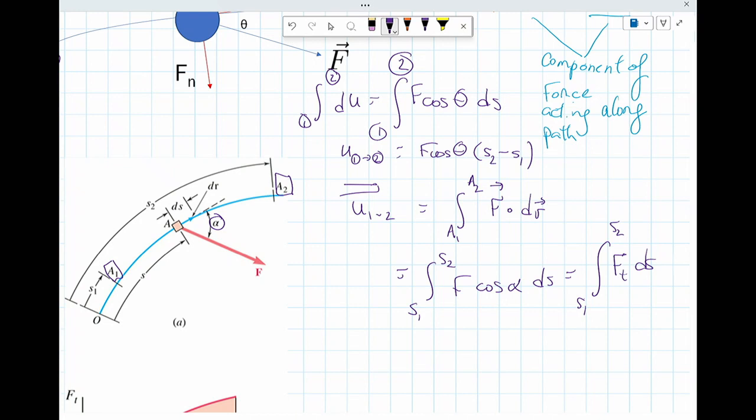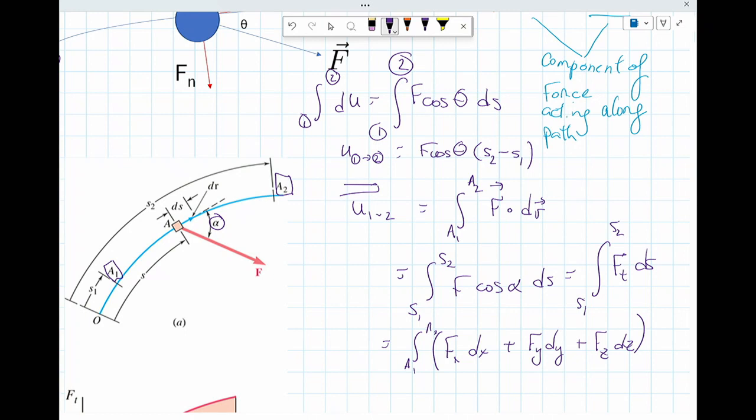You are not going to solve problems like this. You're going to look at it from the perspective of what component of force is acting along the path, and you will end up with an integral that looks like A1 to A2 of fx dx plus fy dy, and very infrequently, fz dz. So all you're looking for is the displacement of a force along the coordinate direction of interest.